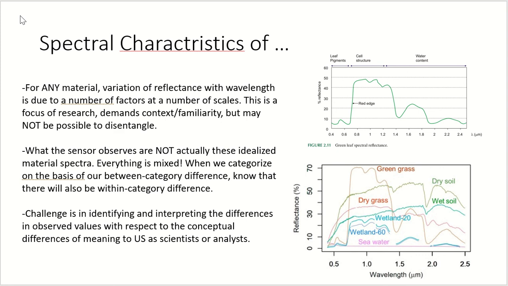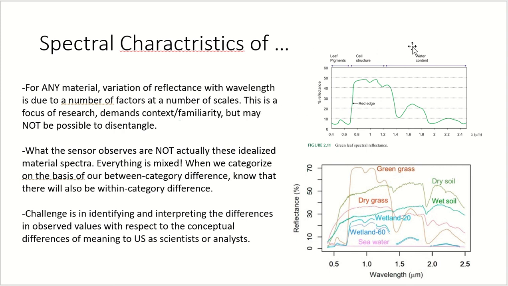And so here's just a slide to sum up some points that I tried to set the stage for in other slides, but maybe not stated them explicitly. So the first here, for any material, expect that the variation of reflectance with wavelength, so really the fact that there is a spectral curve in this two-dimensional space, it's due to a number of factors at a number of scales.